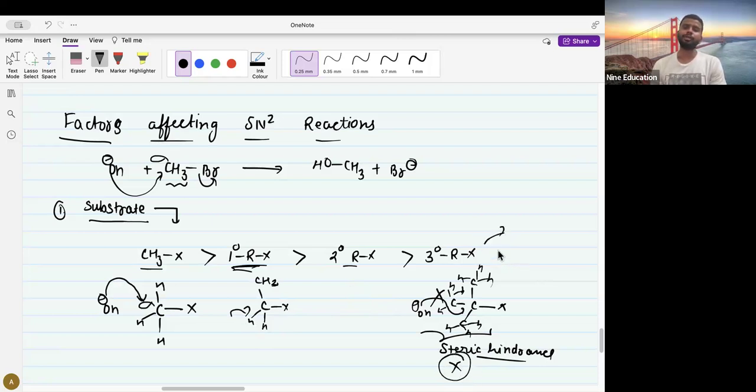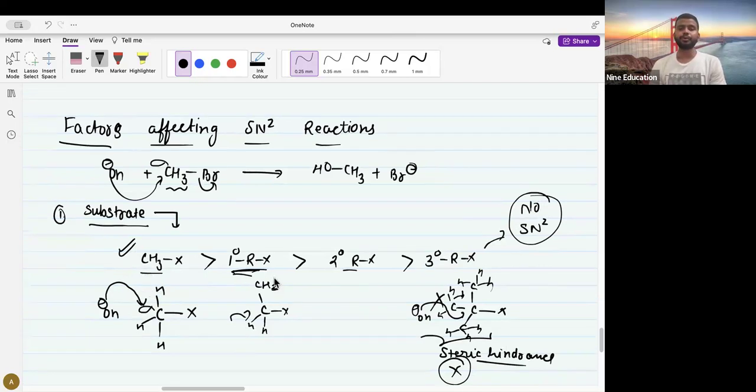So always remember 3 degree RX won't show SN2. But 1 degree will be our first priority, and simple CH3X will be our first priority to give us the SN2 reaction.